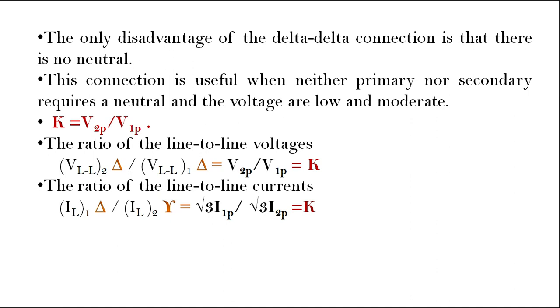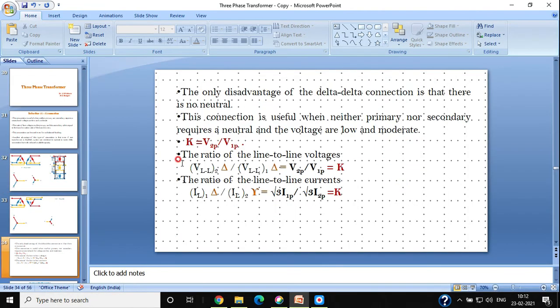At the same time, the ratio of the line currents, IL1 of the primary to the line current of the secondary, in the delta connection should be 1 by K. This is also delta here.